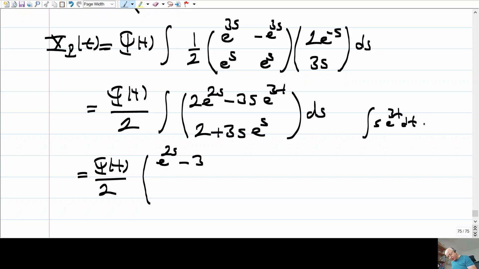So what is this? This is just integration by parts. So s times, let me keep this and take the integral of this, e to the power 3s over 3, minus the derivative of this times the integral of this, e to the power 3s over 3.